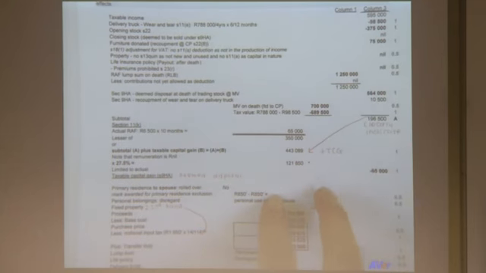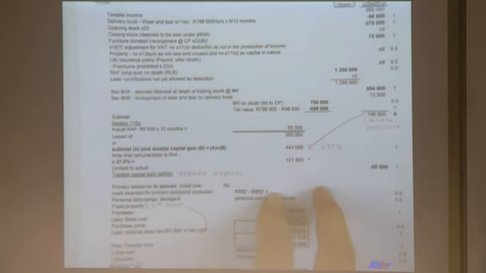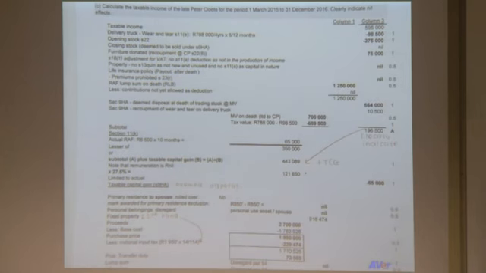Okay, so question 2C was calculate the taxable income of the late Peter for the period 1 March 2016 to 31 December 2016. So whenever you're dealing with the final taxable income of a deceased individual, draw yourself a timeline or just quickly do a little calculation in your head and calculate how many months of this year he was actually alive.